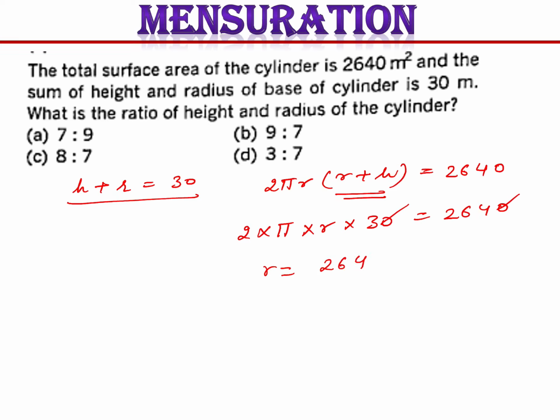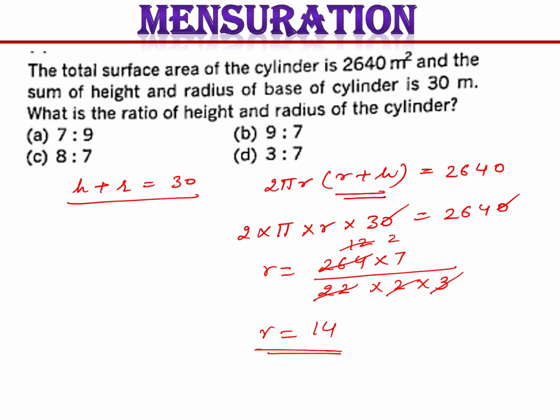So 264, pi is 22 by 7. Here I have 2 into 3. Now I will do the calculation. So I can cancel here, this cancels with 12, and here you have 6. So 6 cancels, here I get 2, so my radius is 14, right?